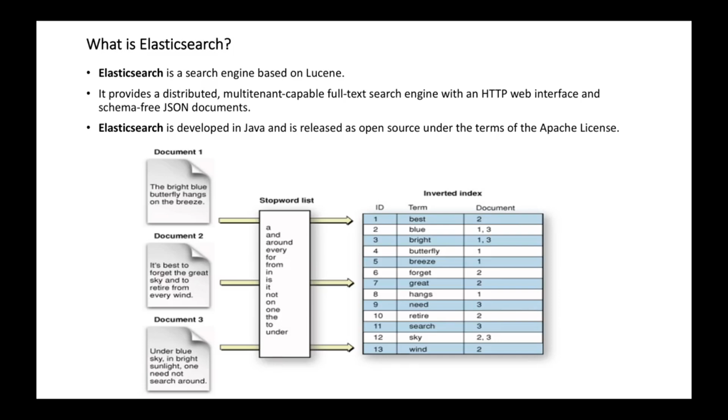What is Elasticsearch? Elasticsearch is an open source search engine based on Lucene. It provides a distributed, multi-tenant capable, full text search engine with an HTTP web interface and schema-free JSON documents. It's developed in Java and released as open source, as I mentioned, under Apache Lucene.